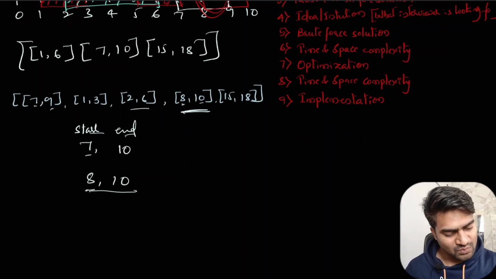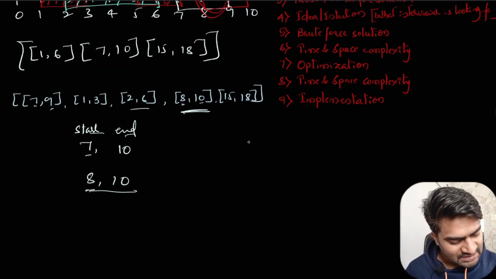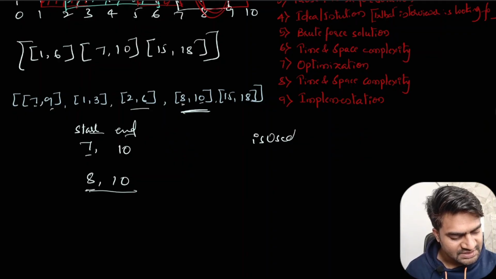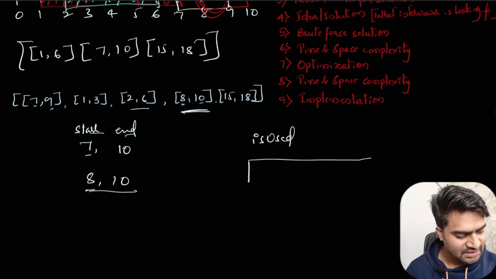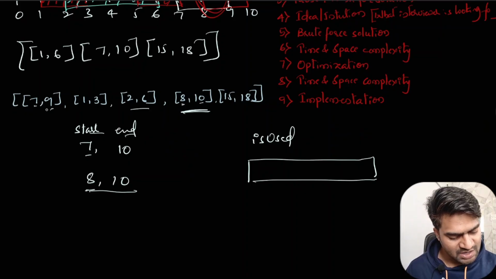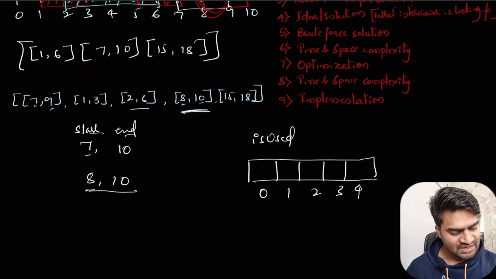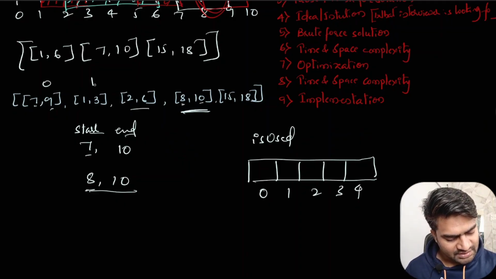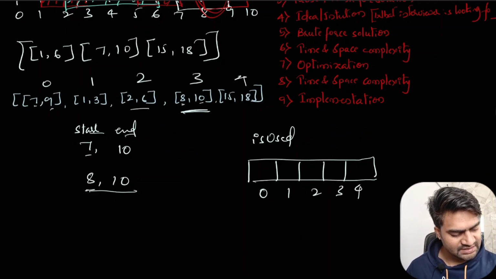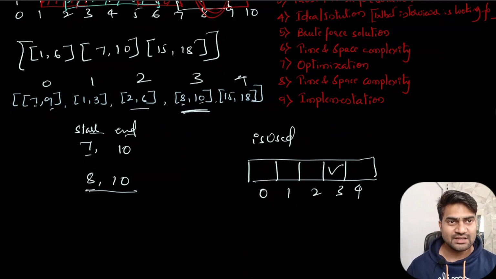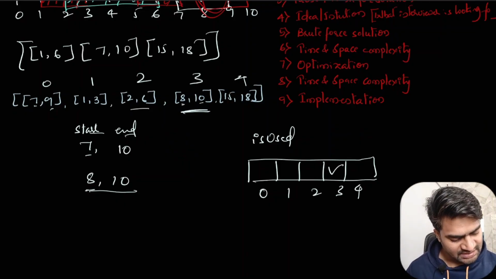So for that, I will take another array called used, of this particular length, basically 5 intervals, with indexes 0, 1, 2, 3, 4. So I will say my third interval is used. It is done and dusted. We don't use that in future if it appears in our iteration. So 8, 10 is done.